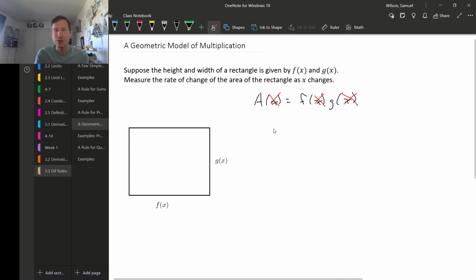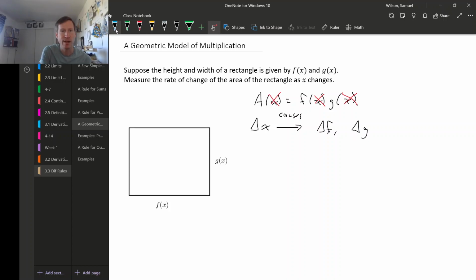Now, when we change x a little bit, this causes a change in f and a change in g, right? So maybe f gets a little bit bigger, and g also gets a little bit bigger.